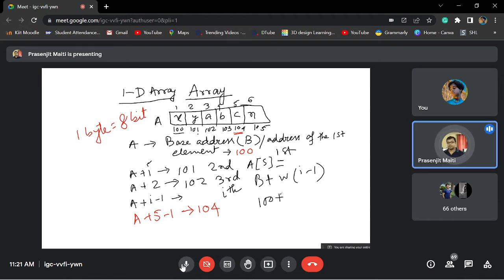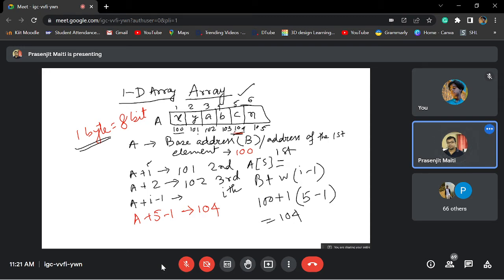To store one character data, how many bytes are required? 1 byte. Correct. 1 byte. I value 5 minus 1, 4. 4 into 1, 4. 104. You can see the fifth element address is 104.